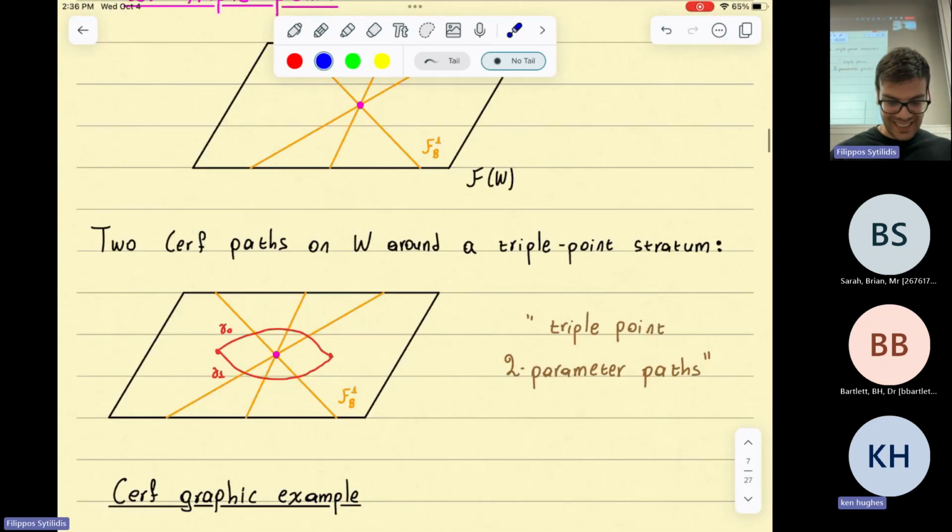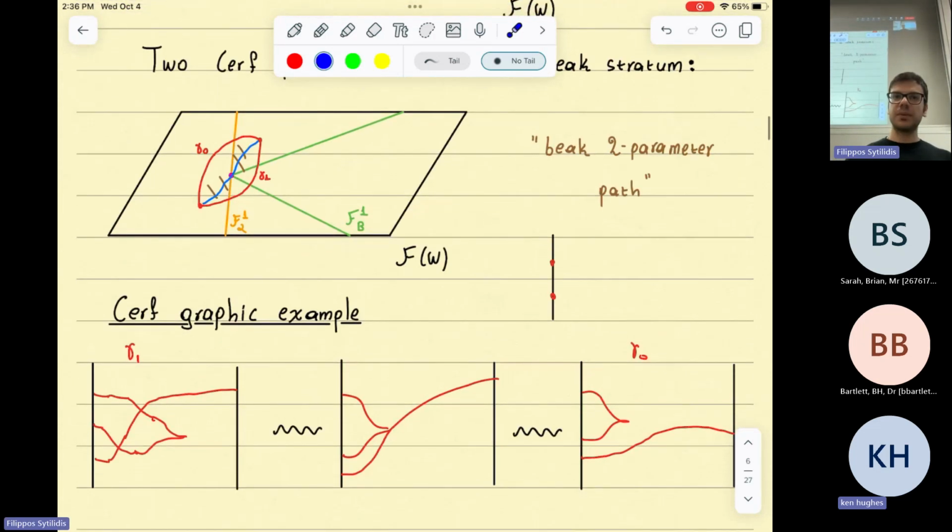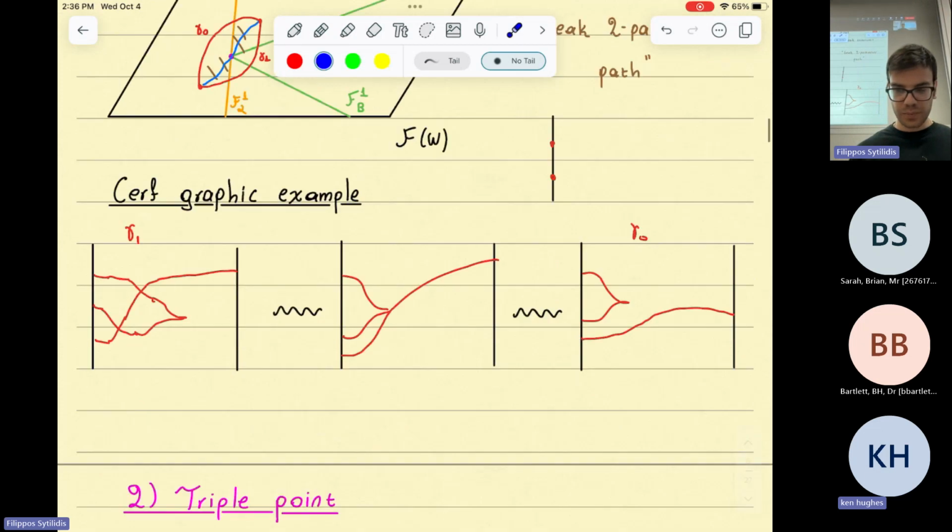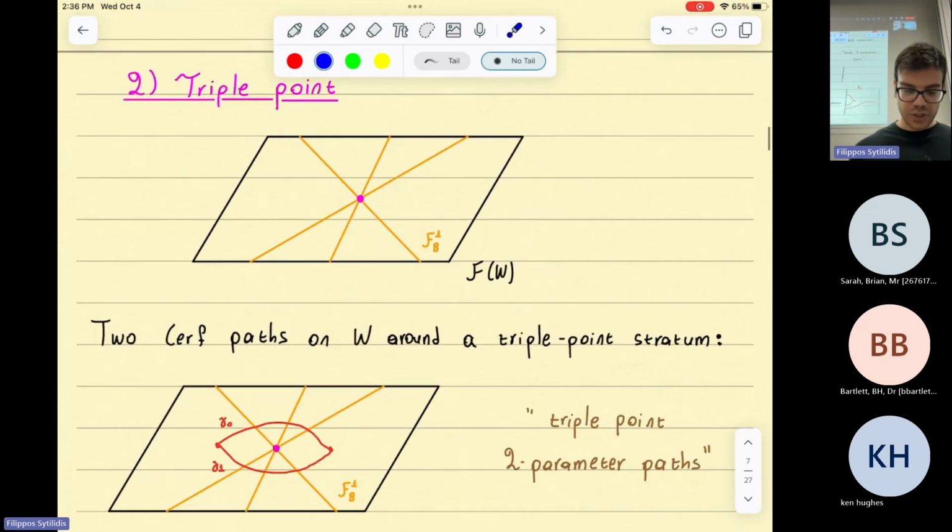Okay, so we have a coincidence on the beak. Let's do the triple point. In the triple point, you have a situation which will look like that in f of w. We're going to have 3, 4. So these are all f1 betas, so these are all crossing one strata.